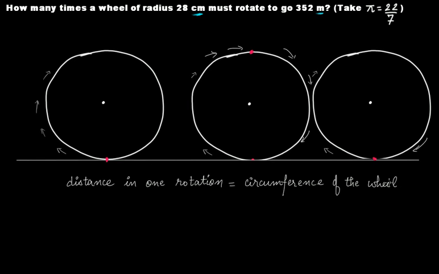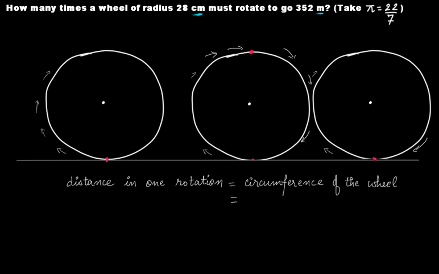And that makes sense, because the circumference of this wheel will be exactly the distance that it will cover in one rotation. So it will trace all this path and will come back here. In one complete rotation, it will travel a distance equal to the circumference of the wheel. So what is the circumference of the wheel in this case?